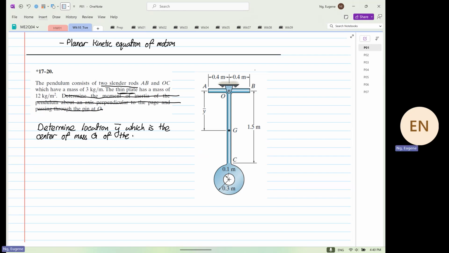Later on, I'll tell you what is so important about the center of mass.